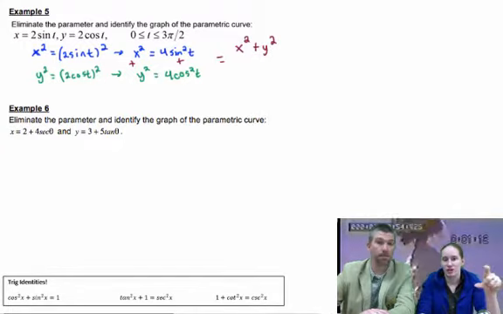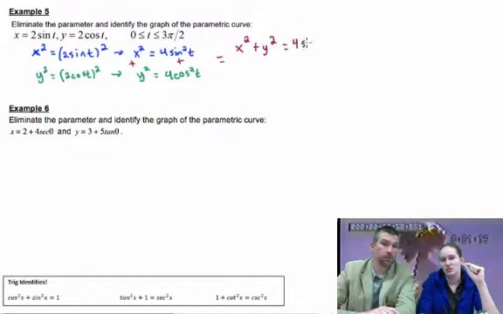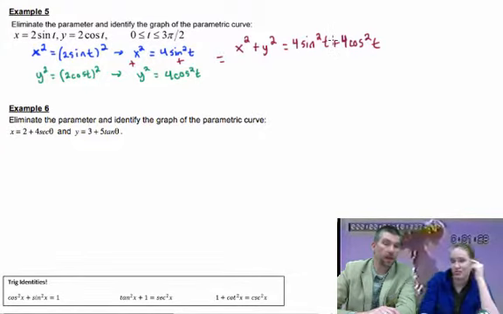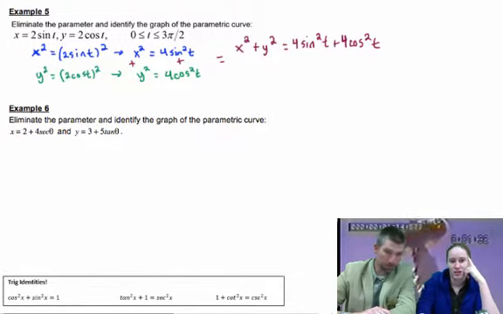So on the left side, we'd have x squared plus y squared. That equals 4 sine squared t plus 4 cosine squared t. That may not seem super helpful at first, but watch what happens. Factor out the 4.